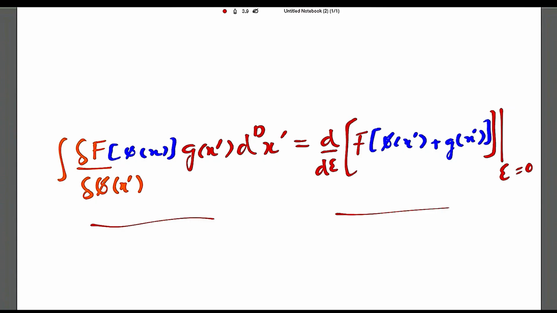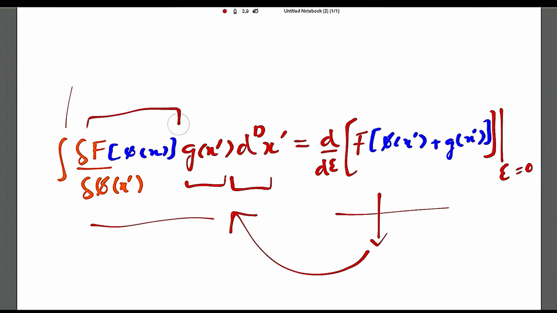The methodology is that we start with this differential form, we solve it, we simplify it, and we rewrite it in integral form, so that anything that is the coefficient of g of x prime inside the integral, the only thing left behind is this functional derivative.